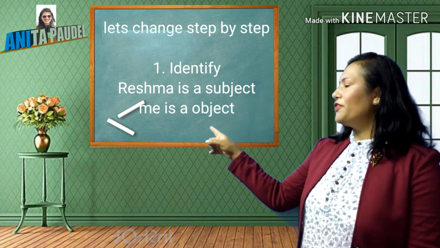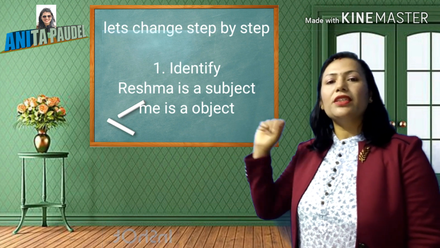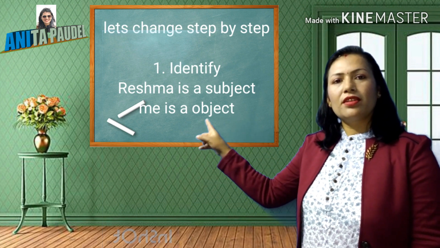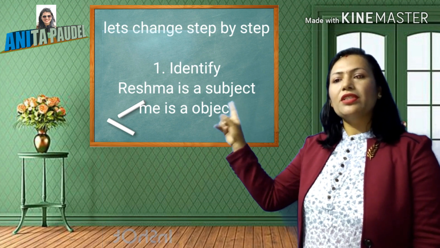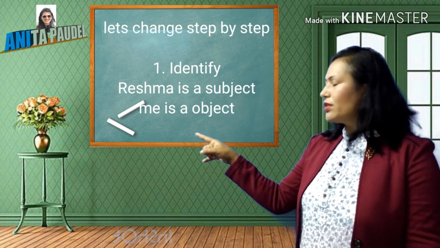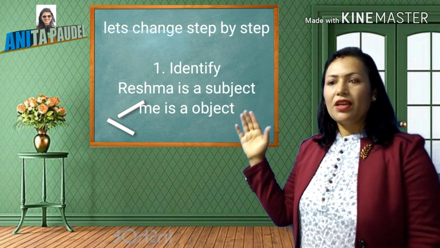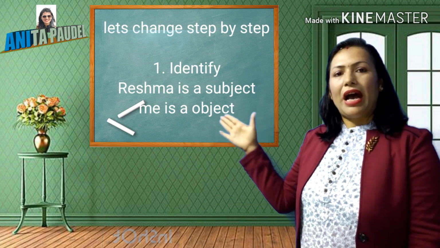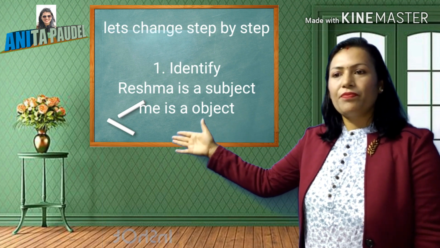So, you need to identify the subject and the object in a sentence. Here, Resma is a subject. She is the person who is speaking, the person who is performing an action. Similarly, me is an object, so I am receiving the action.